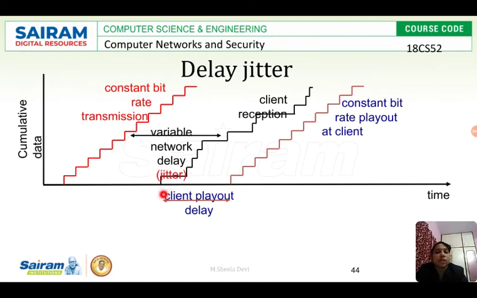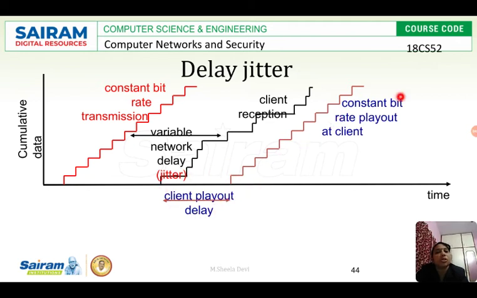So I am receiving at 5 o'clock, but the client should play out after a few milliseconds, like 5 milliseconds. So what is the delay between the reception and the play out? It is 5 milliseconds. If I am not going to give this 5 millisecond delay between the reception and the play out, what will happen?